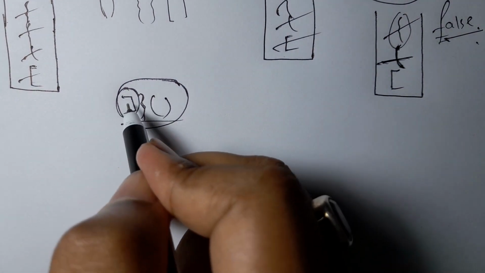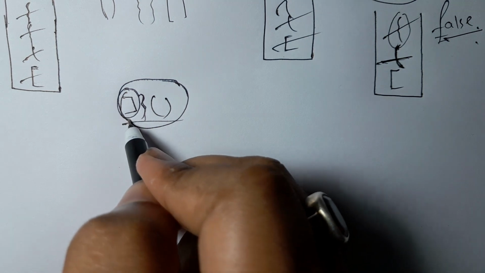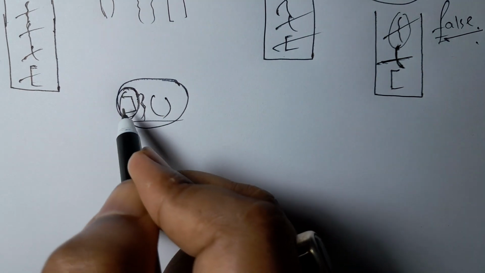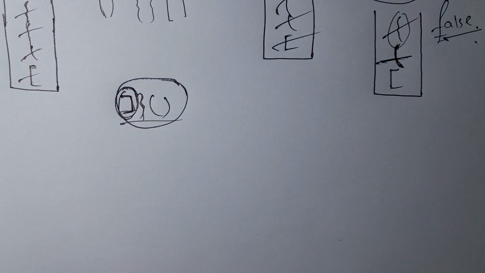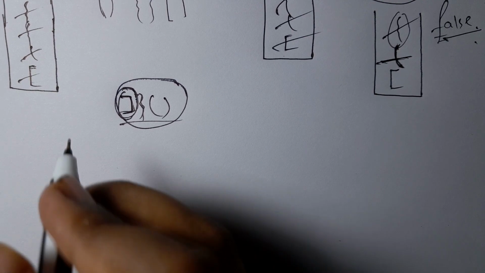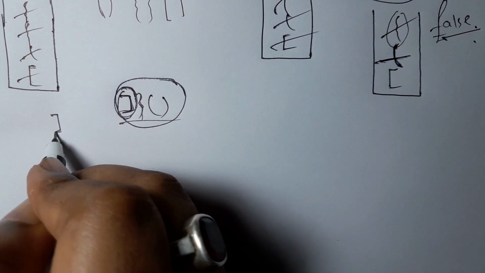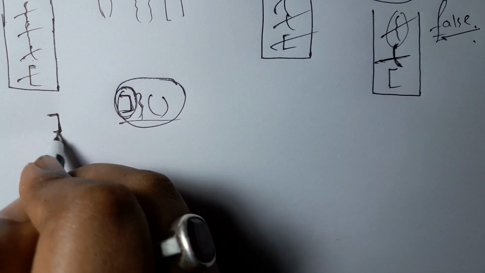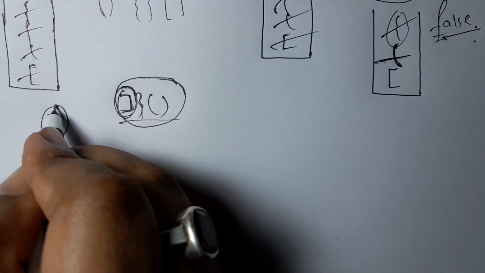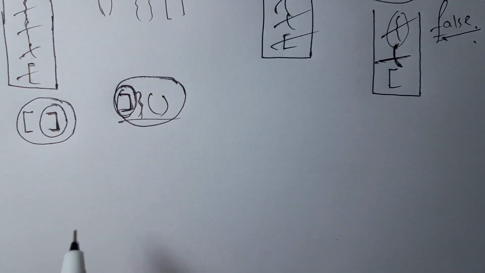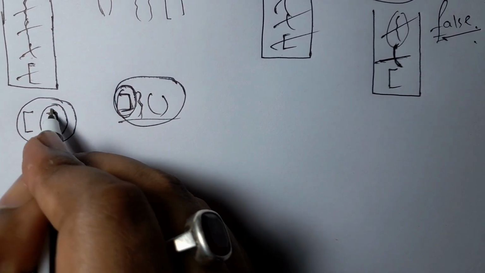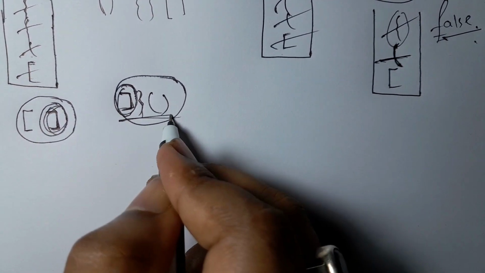Because this is the start of our string and I got the closing braces, which is not accepted, because this is the counter character, and for this character I need the opening character to be valid. So this cannot be the first element of my string.